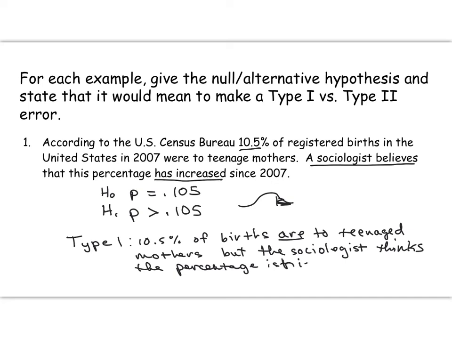Okay, that's a type 1 error. That's when our null hypothesis is true, but we reject it.